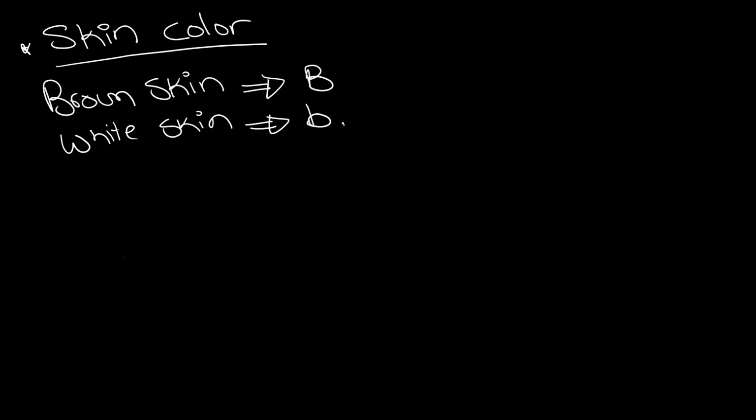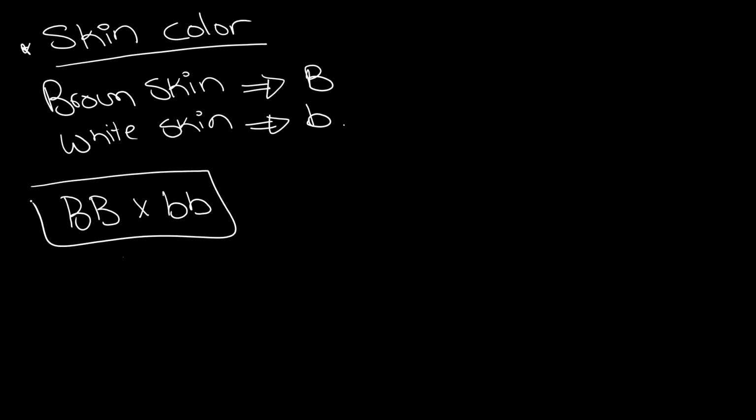B small. Okay. Now let's say the father is homozygous dominant crossed with a mother that is homozygous recessive. Now, before I even do a Punnett square, will 100% of the children have brown skin or white skin? Brown skin. Yes. Let's do it.